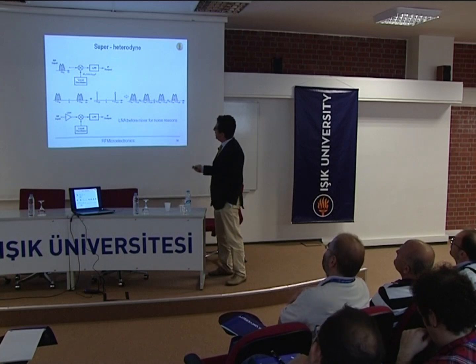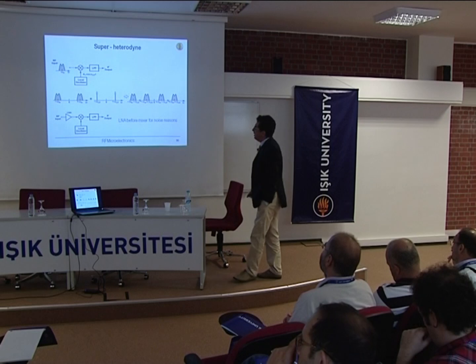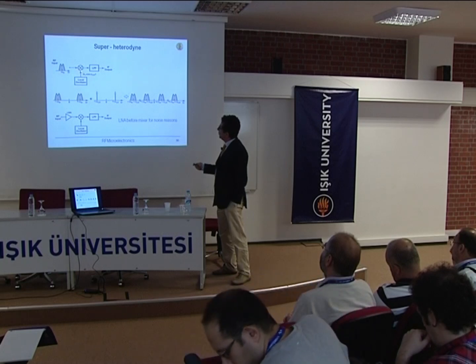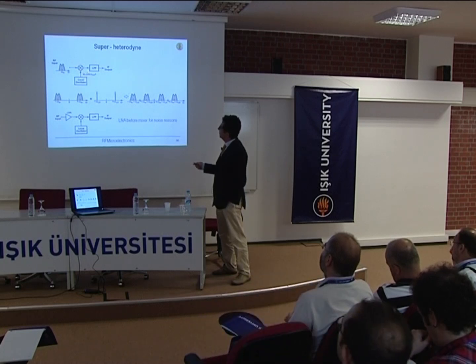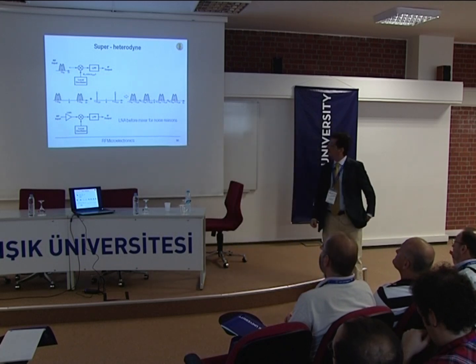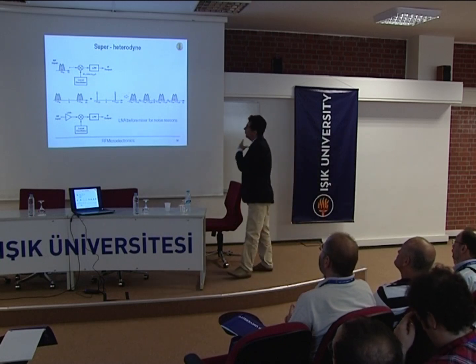So the basic block looks like a received signal at RF, and at some point we will convert this signal to a new frequency where we will make some low-pass filter operation and then make it available for further amplification, selection, and conversion.